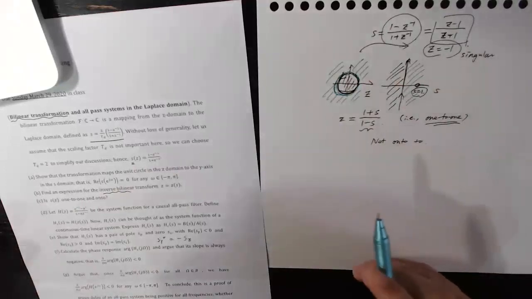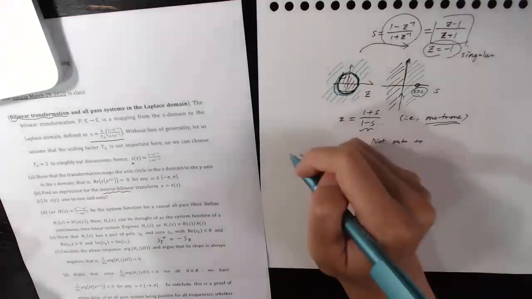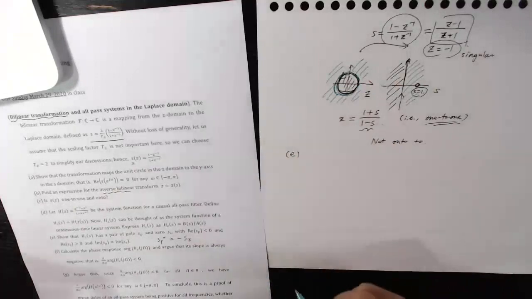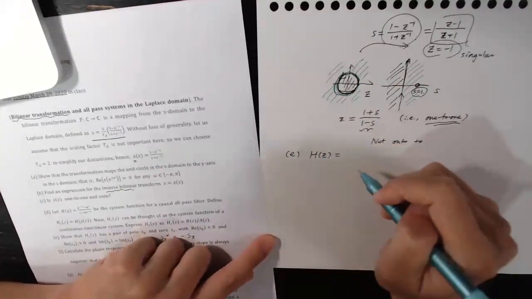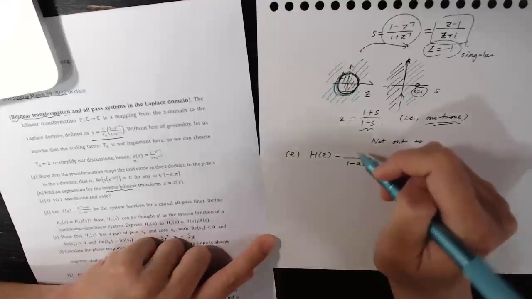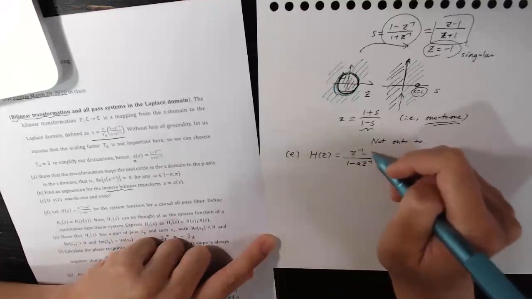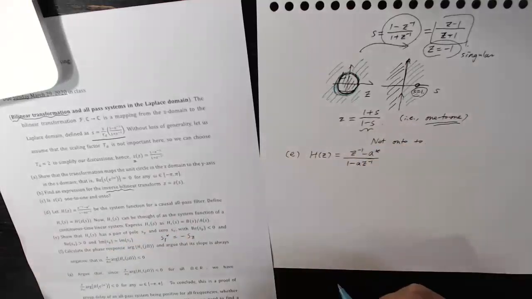All right, so with that, the question is, then I want you to show that now we have, let's jump to part E. Let's say now we begin with a system function, an all-pass filter, where A can be complex valued, okay?